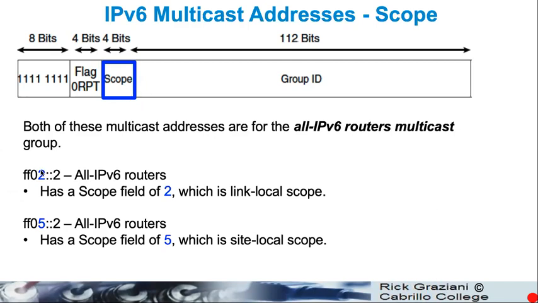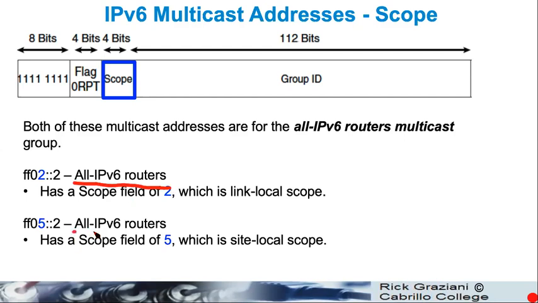Link local scope. As opposed to FF05, which would also be all IPv6 routers, but this is all IPv6 routers that have a scope of 5, site local, so within my organization. So what makes it all IPv6 routers?